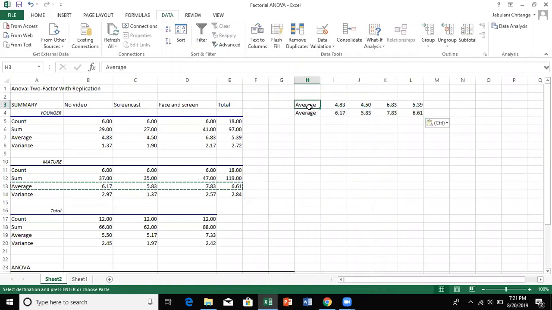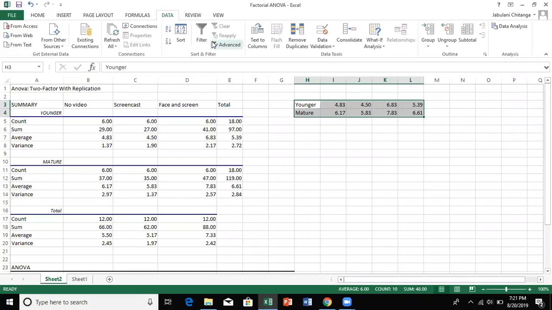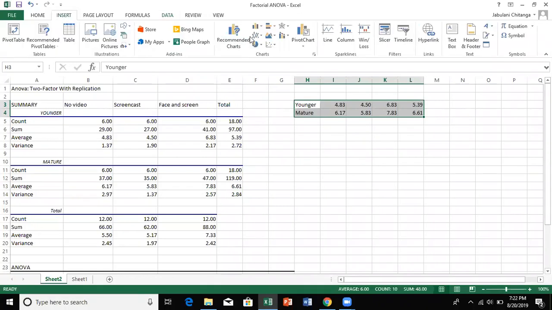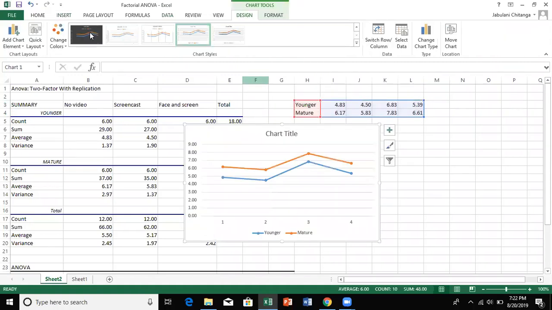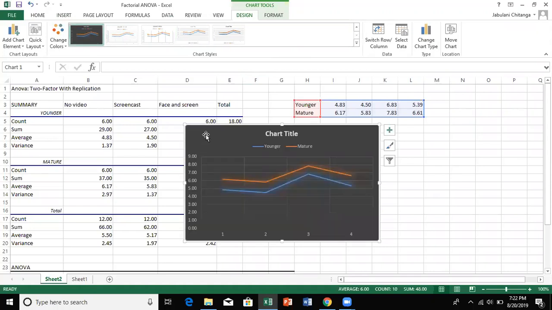So this is the younger, and then this is mature. So I want to show you the interactions if they are significant. So instead, I want to have those line graphs. Let me just make it dark so that everyone sees.